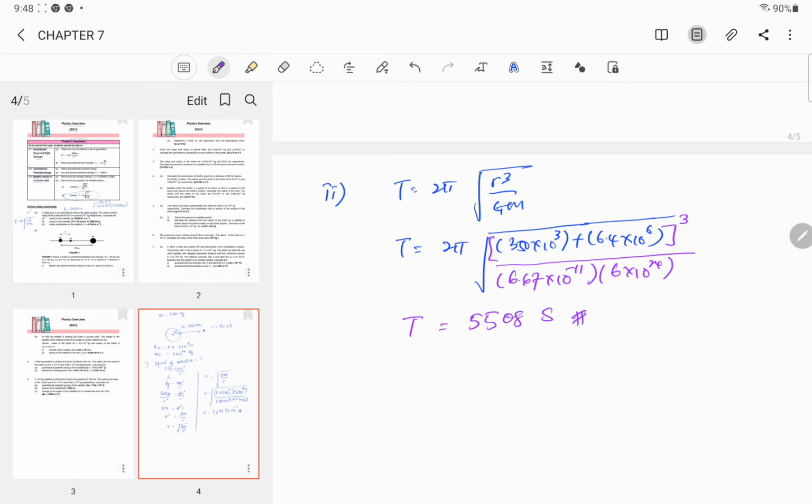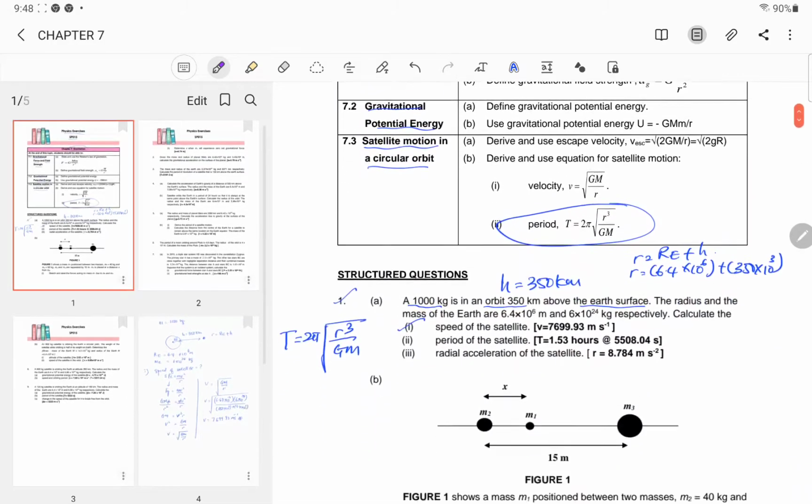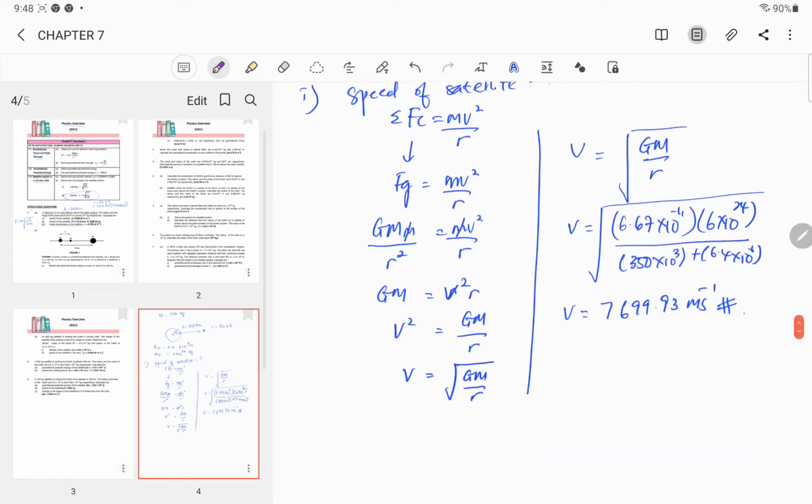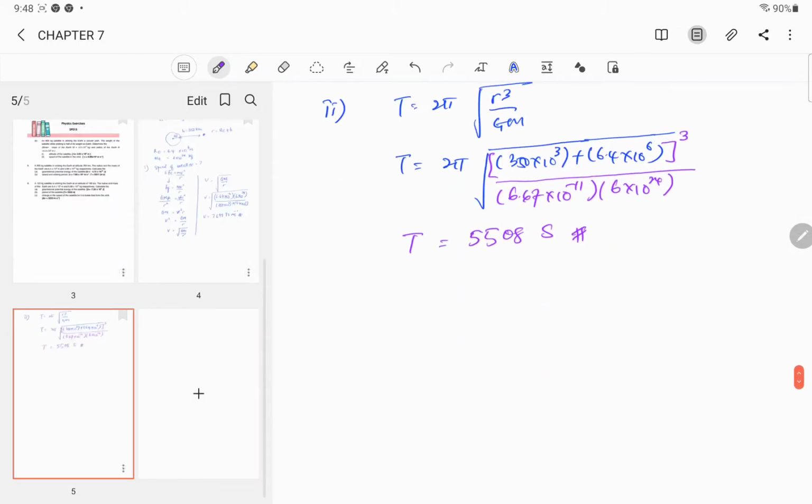Okay, and then for number 3, the radial acceleration of the satellite. So we look at the radial acceleration, which is number 3. So we have ac equal to mv squared over r. Oh no, ac is equal to v squared over r only.